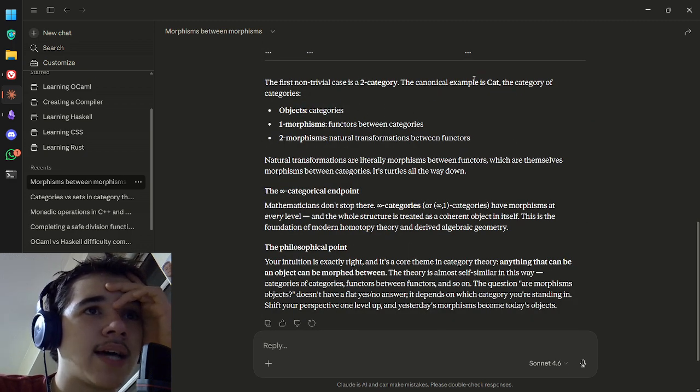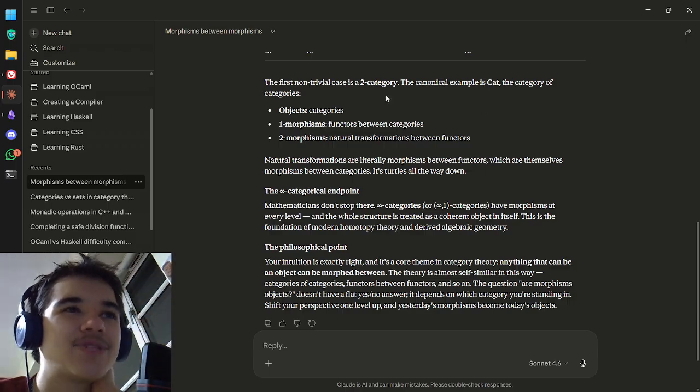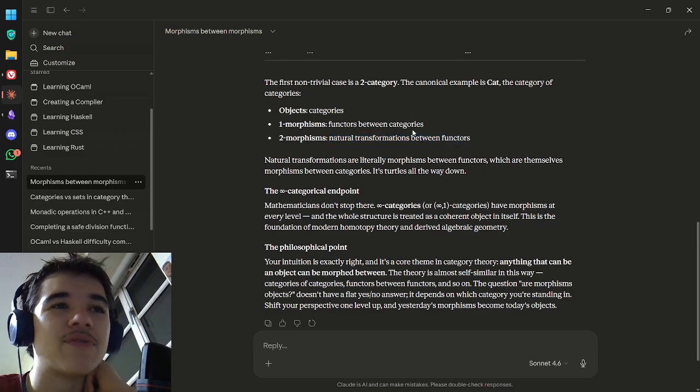So Cat is the category of categories, which is a 2-category, where you have 1-morphisms, which are the functors between categories, and 2-morphisms, which are natural transformations between functors, which are morphisms between functors, which are morphisms between categories. So it's turtles all the way down.